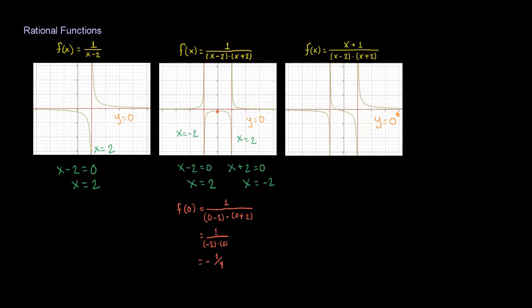In this case we have two vertical asymptotes that are just the same as the previous case. The way we locate them is exactly the same.